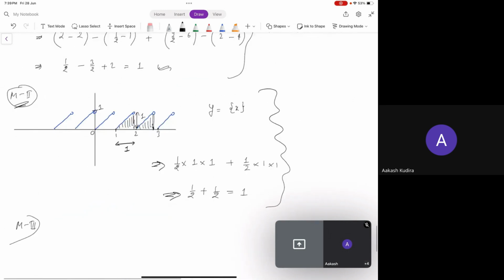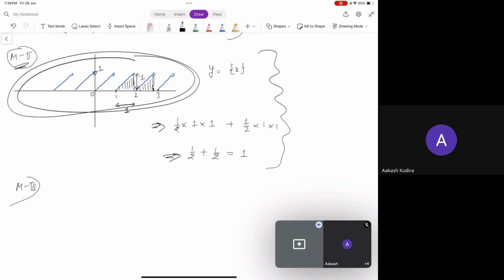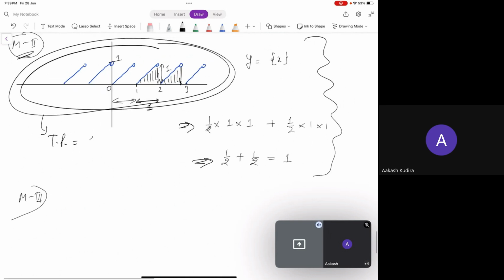If you see this graph, can you tell me the time period of this graph? Sir, it's 1. Obviously, because after one length this graph is repeating, so the fundamental time period is one.